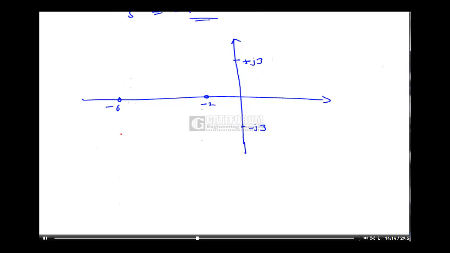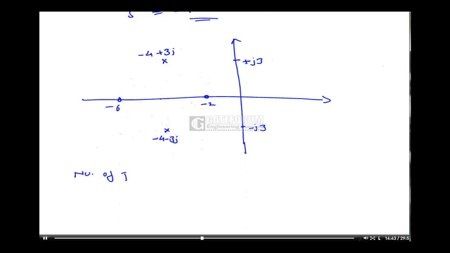So the zeros have come. Now the poles at minus 4 plus minus 3j. One pole at minus 4 plus 3j, and another pole, which occurs as a conjugate pair, at minus 4 minus 3j. Now we have decided the locations of the poles and zeros. So 2 poles, 2 zeros.